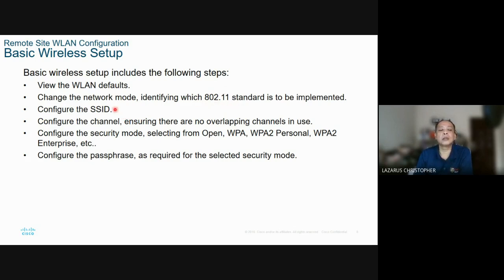Configure your SSID. This one is up to you. For an autonomous AP, usually we don't hide the SSID, but again, it's up to you. Configure the channel. How do you know which channel to use?